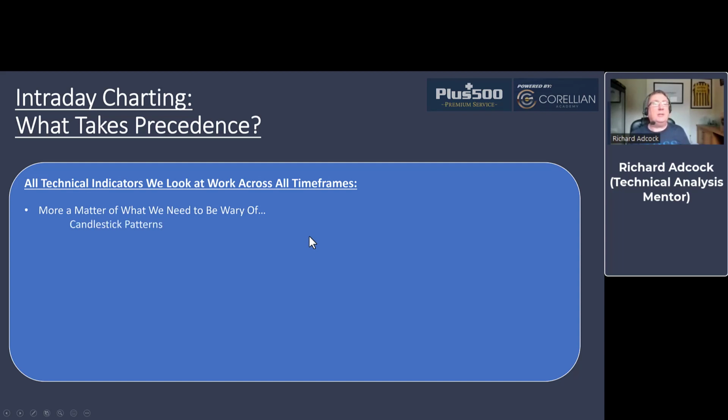And I think the first one may be a bit of a surprise because it's an area that I put a lot of emphasis on, and that's candlestick patterns. From an intraday perspective, these vary because we're tending to look at the relationship between open and close with candlesticks and the various reversal patterns that form on the daily chart or even the weekly chart.